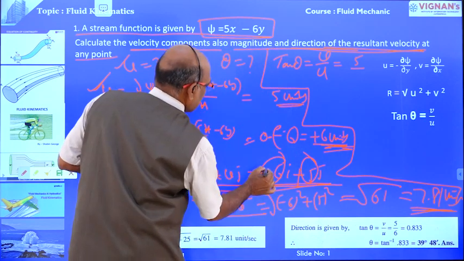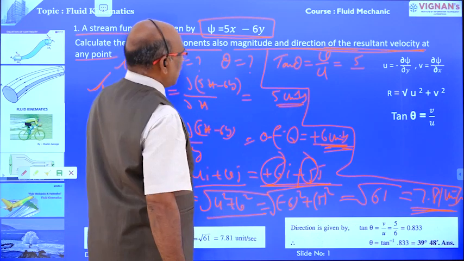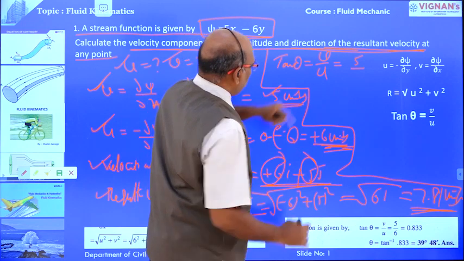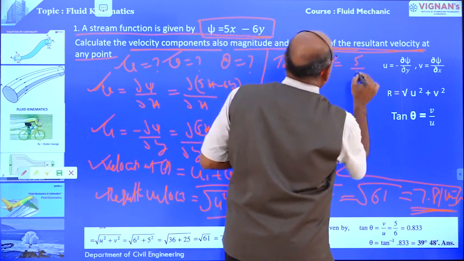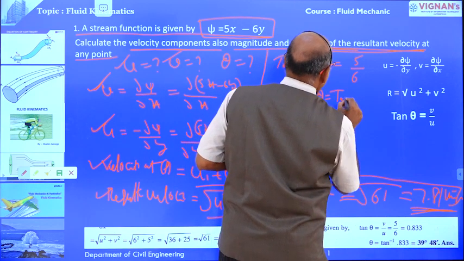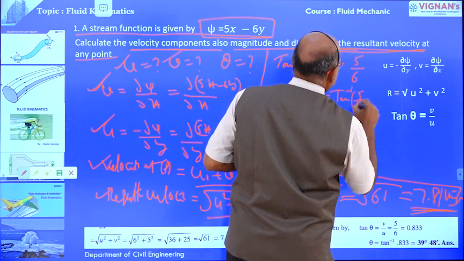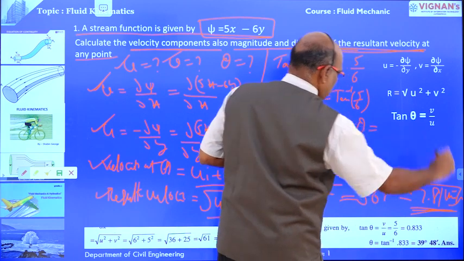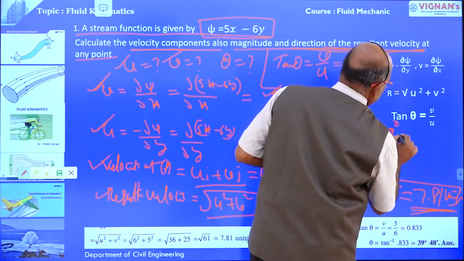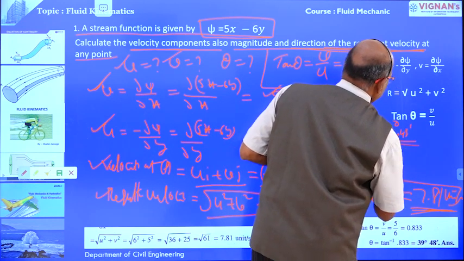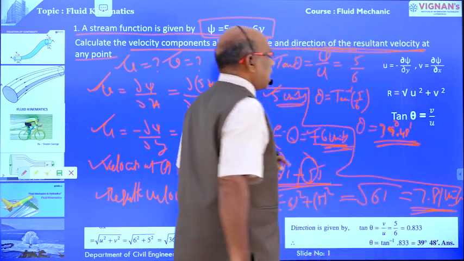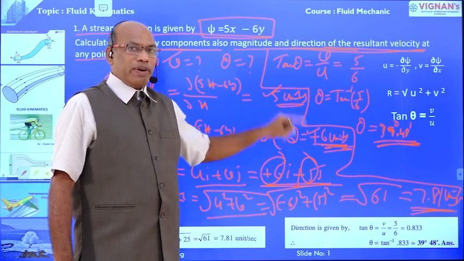So v is equal to 5 and u is equal to 6, giving 5 by 6. Therefore theta equal to tan inverse 5 by 6, which is 39 degrees 48 minutes. This is the direction of the resultant velocity.